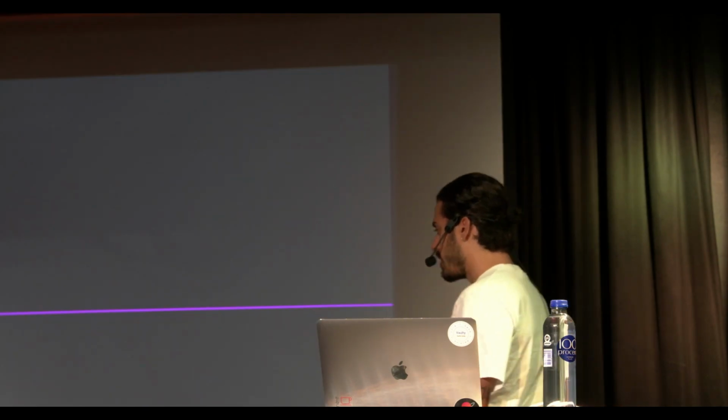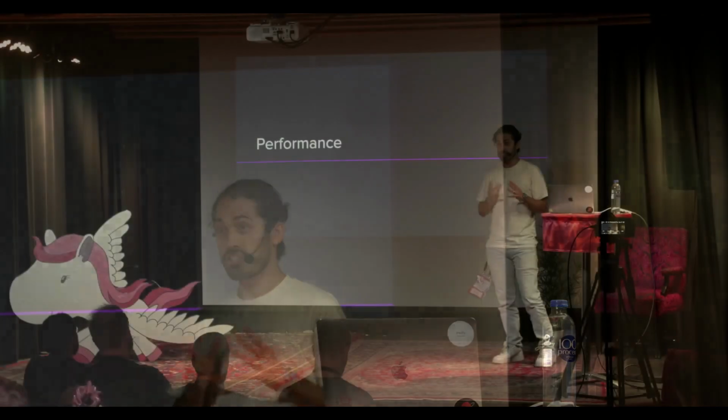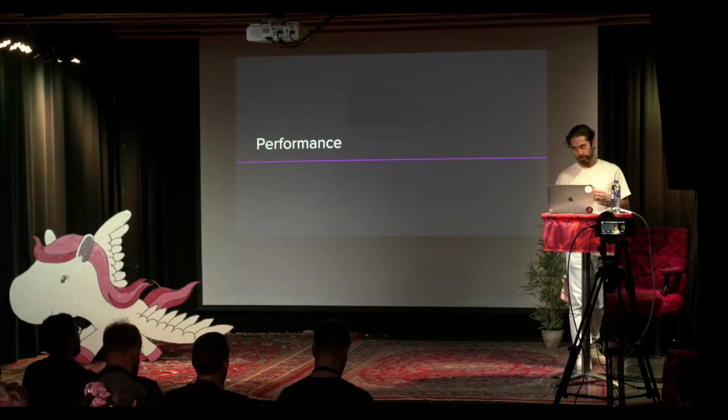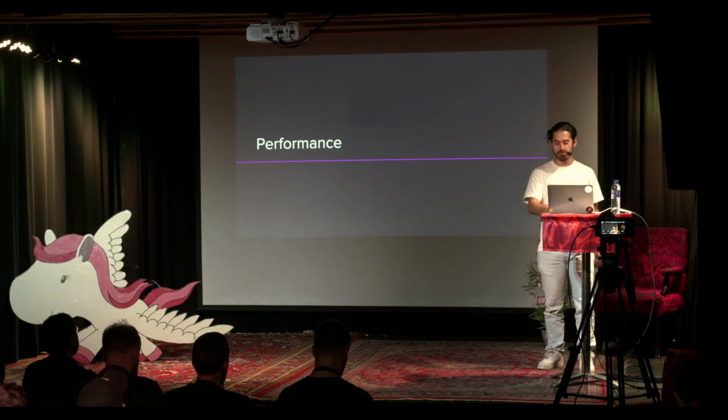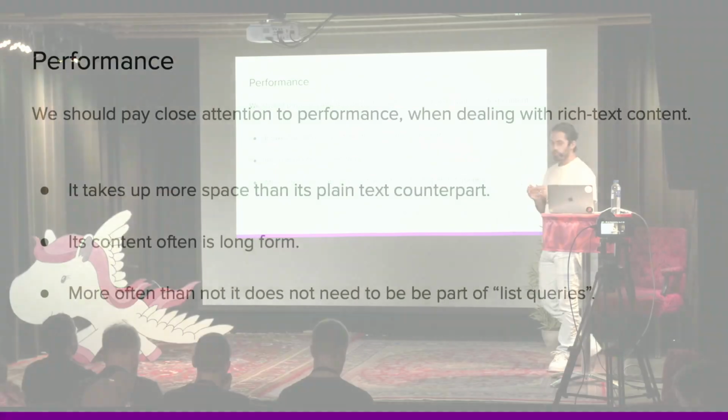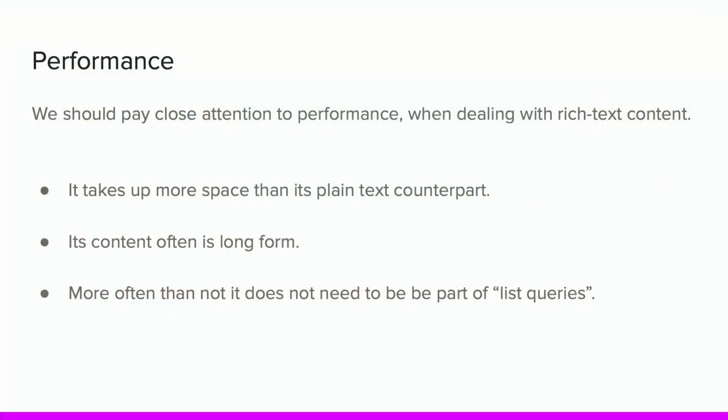So, now that we talked about security, let's go and talk about performance. How much weirder can this get? We are talking about bold and italics. What does performance mean? We should pay close attention to performance when we deal with rich text content, because rich text content takes up more space than its plain text counterpart, which actually makes sense. It's rich in data, because if I want to display something as bold text, I have to store this information.